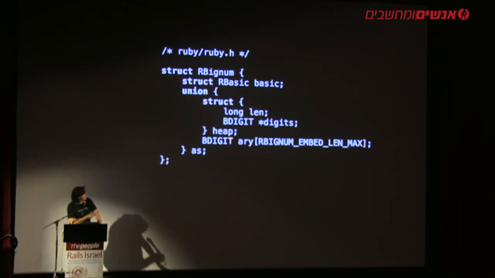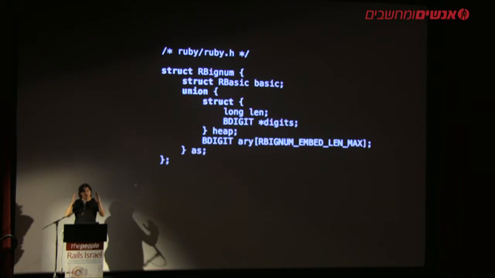A bignum is basically just a collection of digits using a big base. You have an array of integers, and each integer represents a digit. We do not have digits up to, I don't know, thousands; we have 10 digits, right? But conceptually, it's a digit in a big base, so the representation is compact.